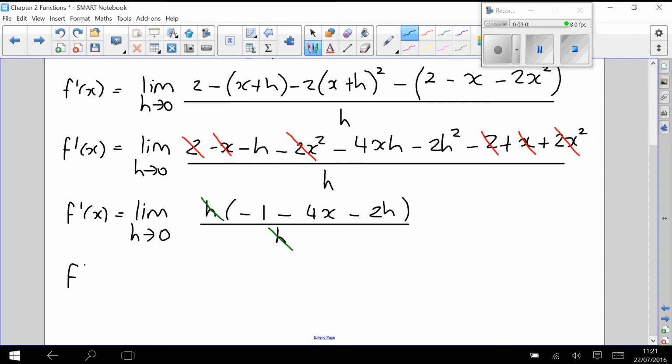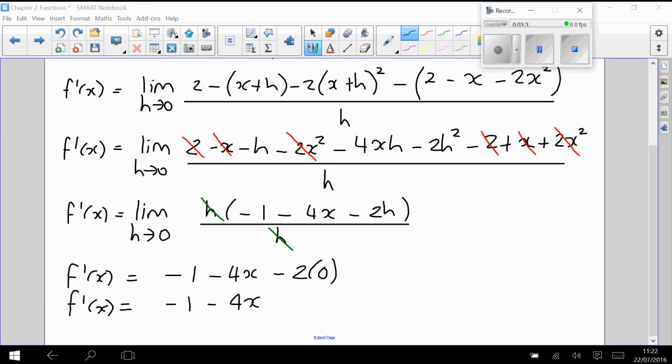In other words, my derivative is now given to me with the expression of minus 1 minus 4x minus 2 times 0, and simplified, it means that the derivative, which is the gradient of the tangent at my specific point, is going to be minus 1 minus 4x. But that's not the end of the question, because they ask me, what is the derivative going to be exactly when x is 2?